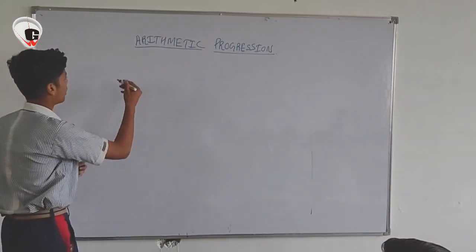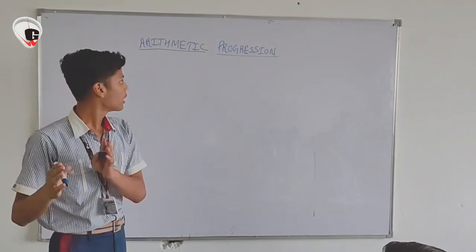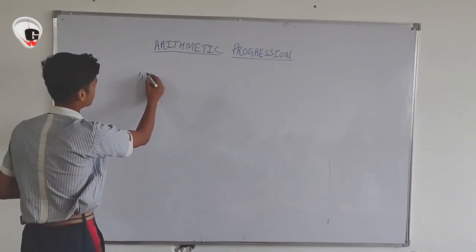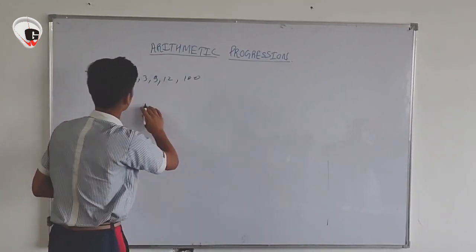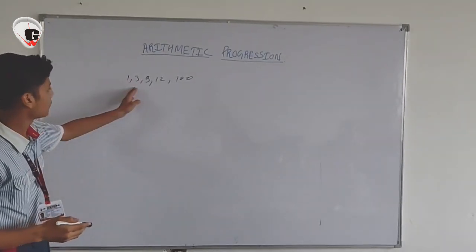First of all, let us understand the difference between a sequence and arithmetic progression. If I write 1, 3, 9, 12, 100, this is a sequence, as some numbers are going and between them the comma is there.